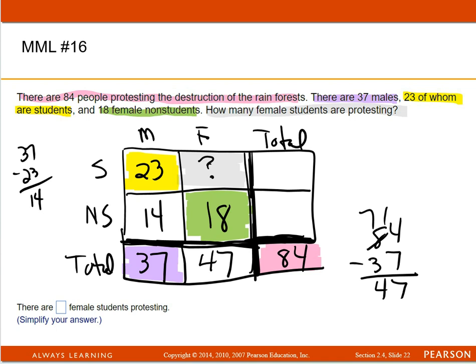And then if you subtract the 18 females that are non-students, I'm going to get 29. 29 is my answer. There'd be 29 here because 29 and 18 is 47. And that's the easiest way to do that problem.